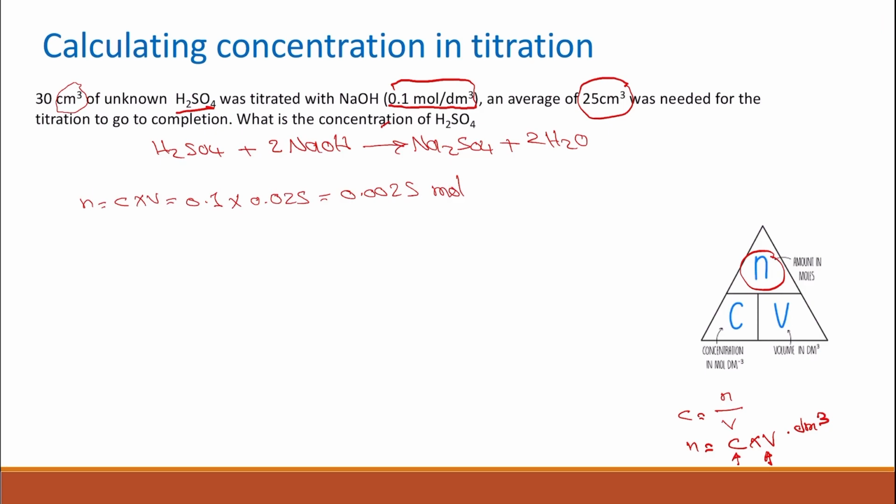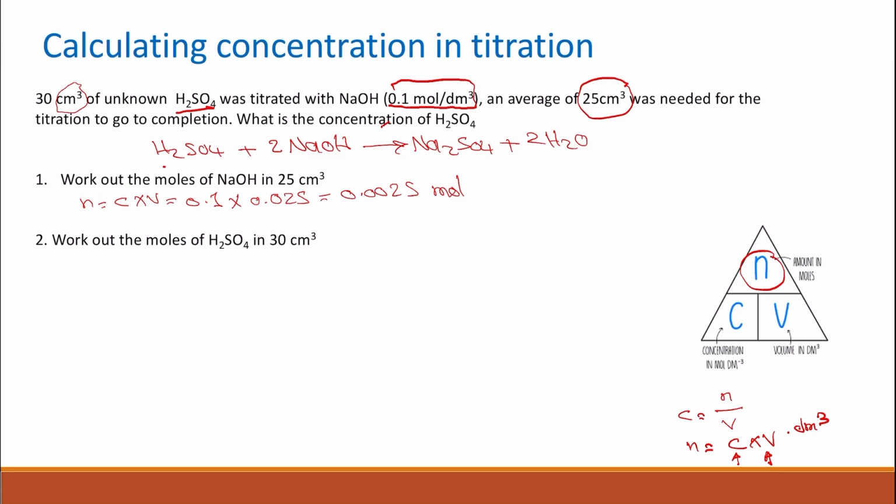The second step is to work out the moles of sulfuric acid in the 30 centimeter cubed. We know that 30 centimeter cubed of sulfuric acid reacts completely with the 25 centimeter cubed of sodium hydroxide. So when we look at the balanced equation, we find that 1 mole of sulfuric acid reacts with 2 moles of sodium hydroxide.